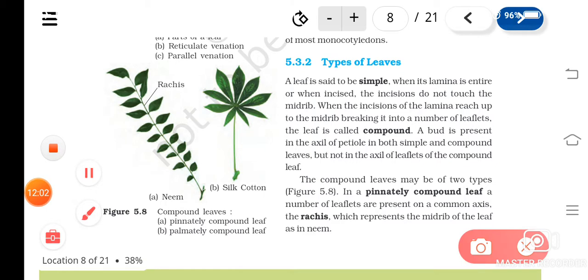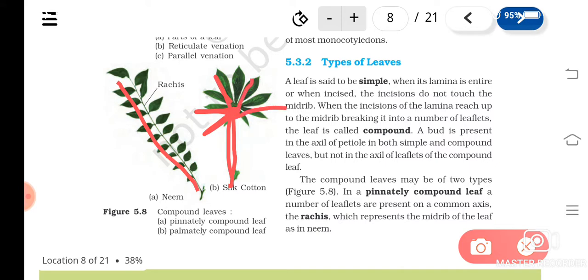And these compound leaves can be pinnately compound or palmately compound. You can see here this is pinnately compound. One common axis will be there and on the sides the leaflets will be arranged, and in palmately compound it's just like a palm. From a single point many leaflets are arising. Understood?